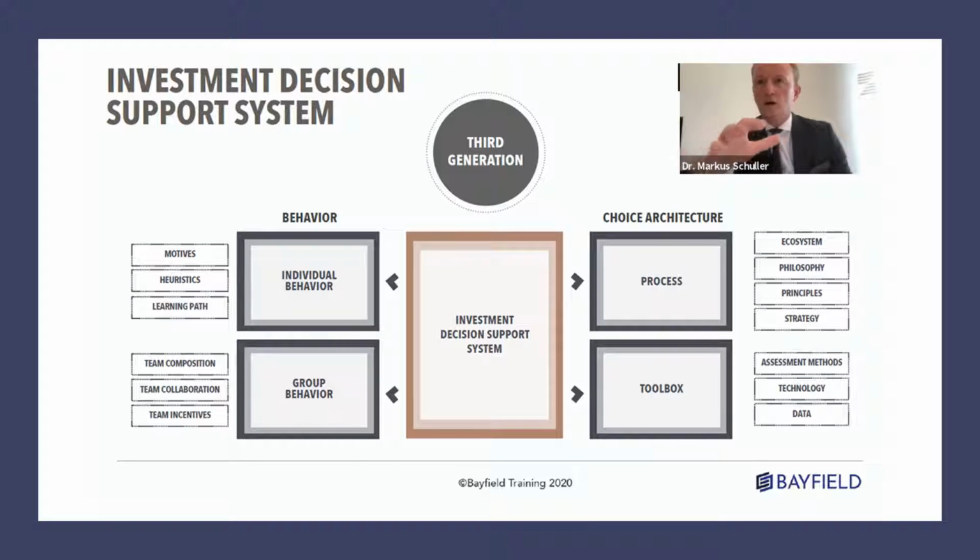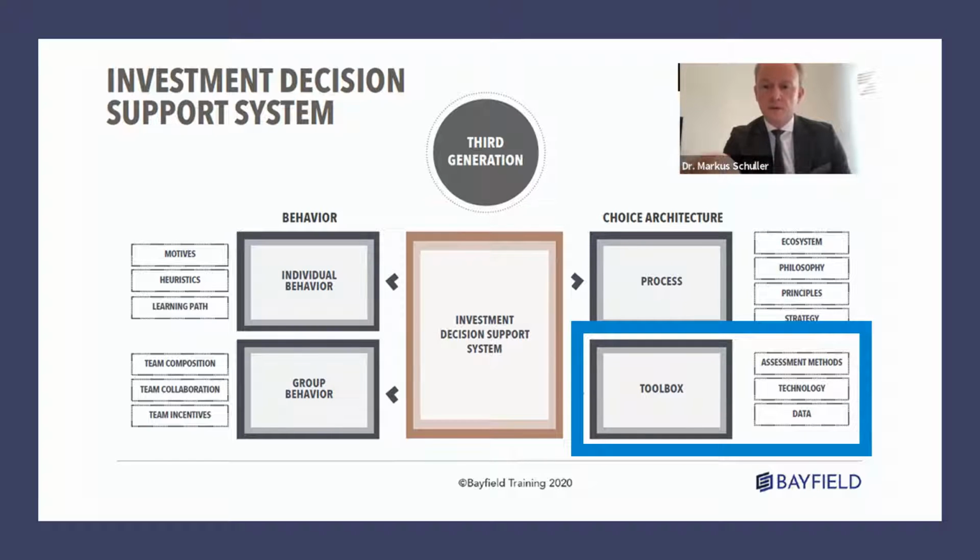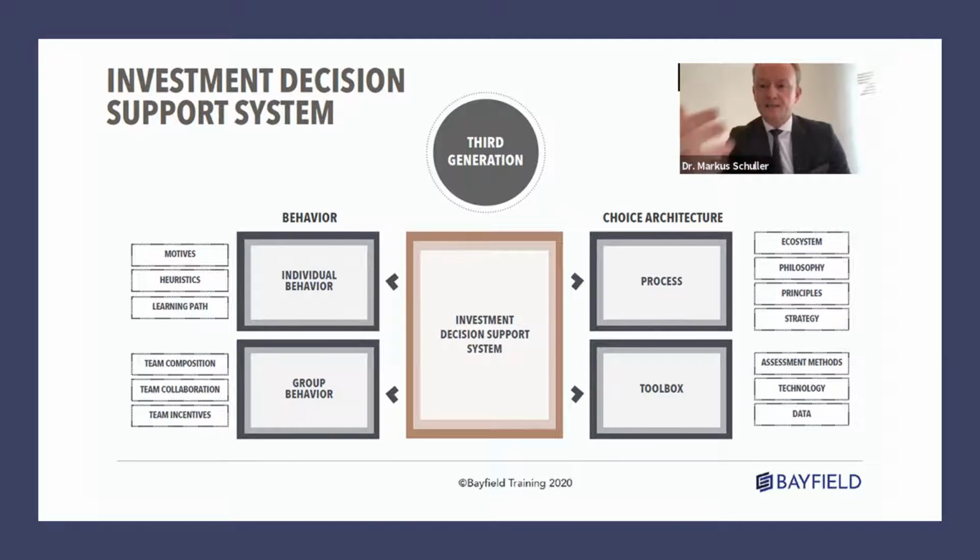Where we all are normally well educated from a formal educational point of view is the toolbox at the bottom right side, namely data, sourcing data, then assessing the data through technology with specific assessment methods, right? When it's about location in real estate, that's nice to say, but it's pretty useless at the same time because it doesn't help me to understand the causal drivers, because location unequals location.